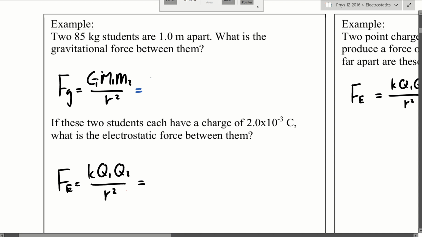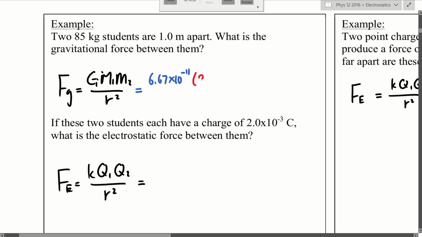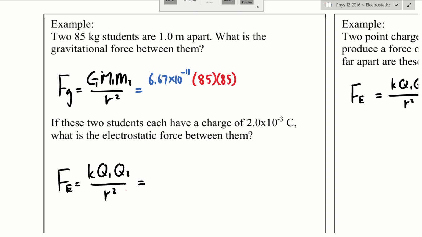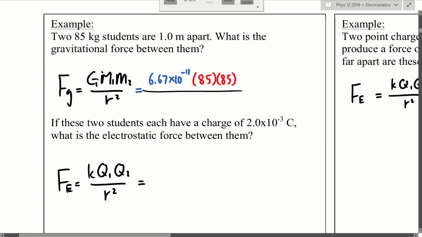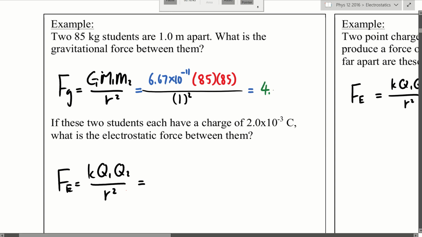Now remember, G is 6.67 times 10 to the negative 11. That's the constant. And two persons, each of them 85 kilograms, so 85, right? And then you divide by their distance squared, which is 1 meter apart, so you say 1 and then square. Now, you crunch that in your calculator, and you're going to get a force that is 4.8 times 10 to the negative 7.